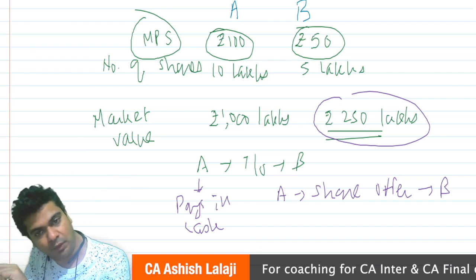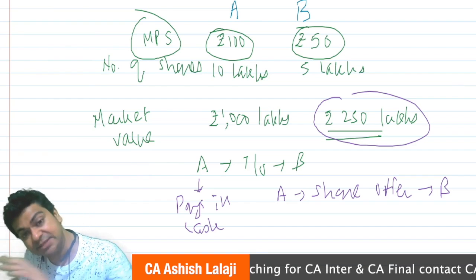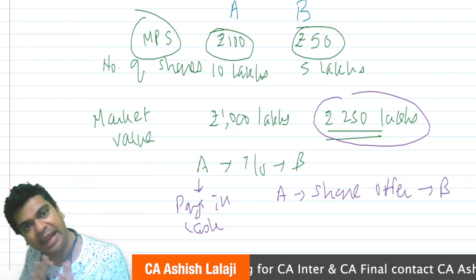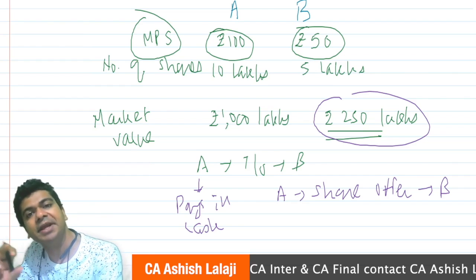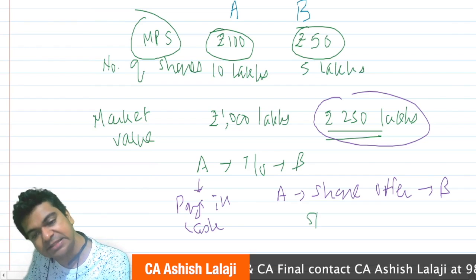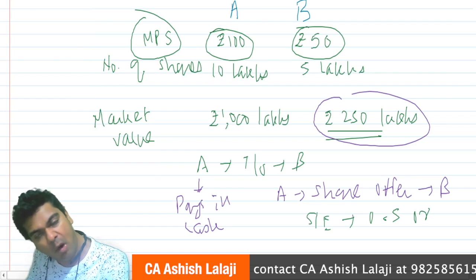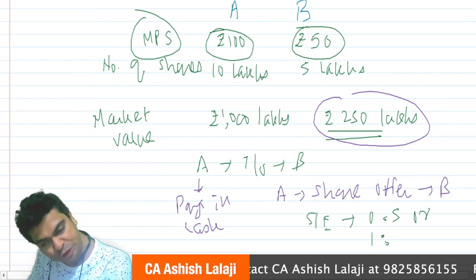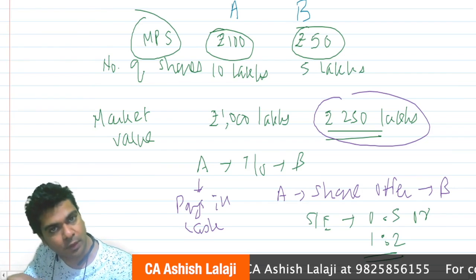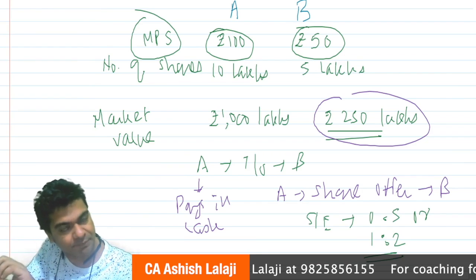The share price of company B is half of that of company A, so we can consider that as the share exchange ratio. So we are suggesting a share exchange ratio of 0.5, or 1:2. 1:2, 1 by 2, 0.5, they all mean one and the same.